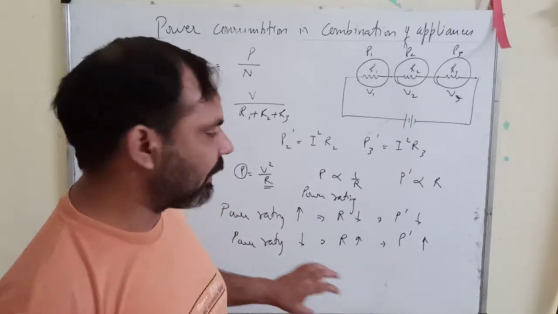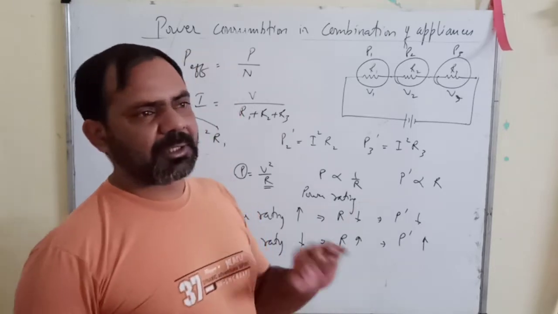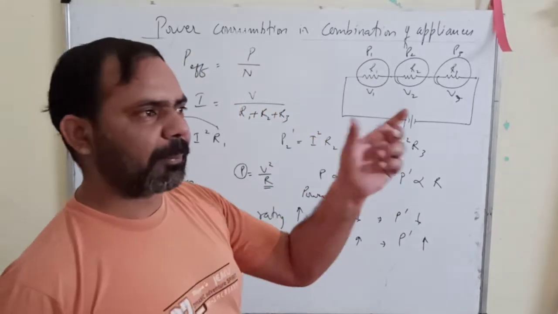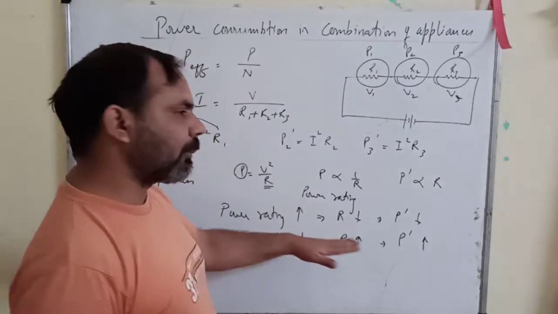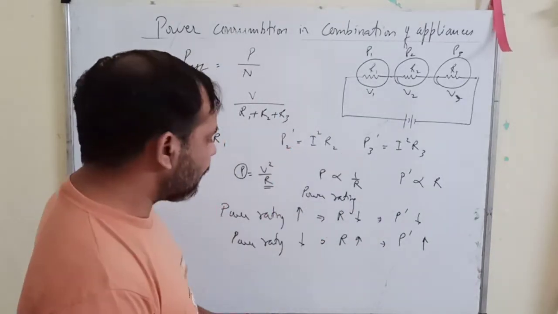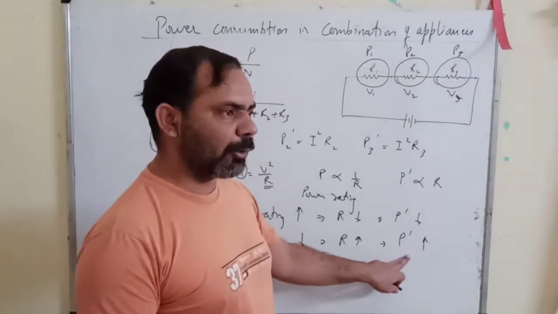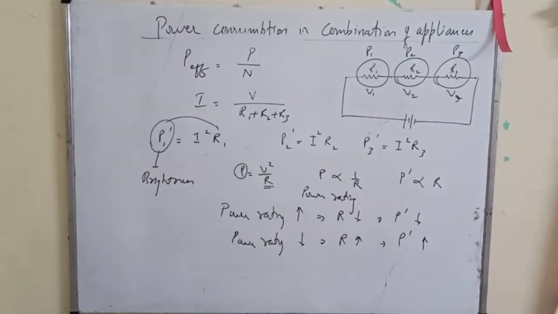Now a bulb can operate on a particular current, suppose 5 ampere or 7 ampere. If the current exceeds that permissible value, then the bulb with the lowest power rating, which is glowing with maximum brightness, will fuse first.